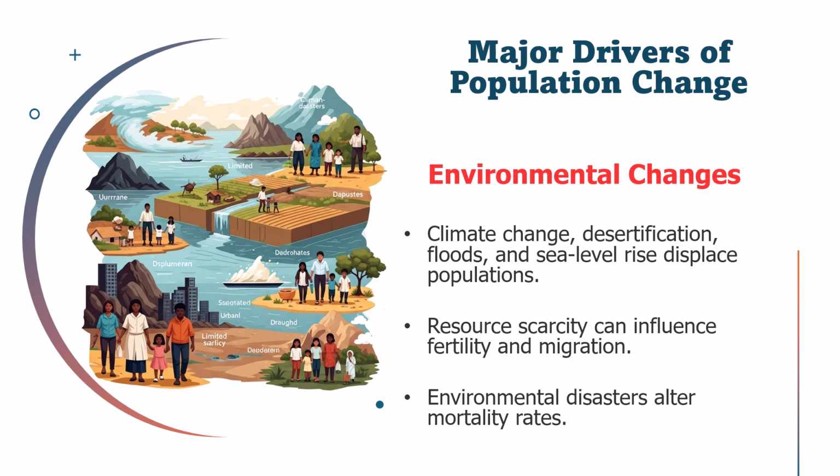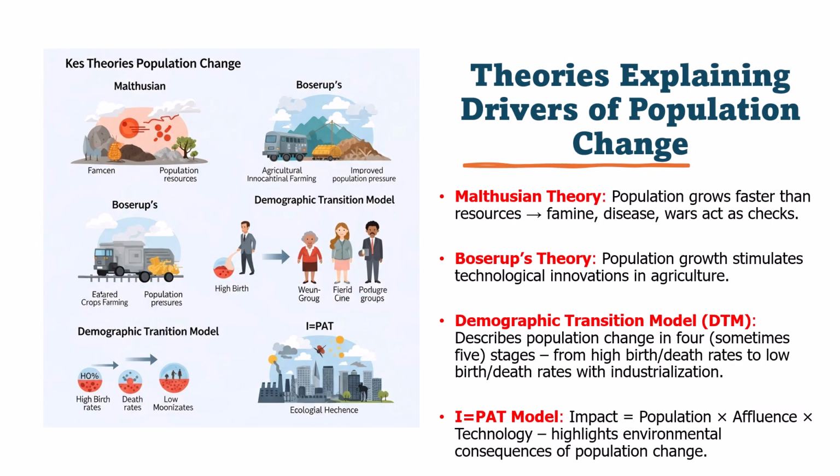As we have discussed in an earlier lecture, there are several theories of population growth which help in explaining the drivers of population change. The Malthusian theory argues that population grows faster than resources, with famine, disease, and wars acting as natural checks. In contrast, Boserup's theory suggests that population growth can stimulate agricultural innovations, allowing food supply to keep pace.